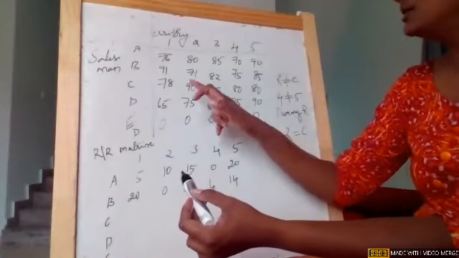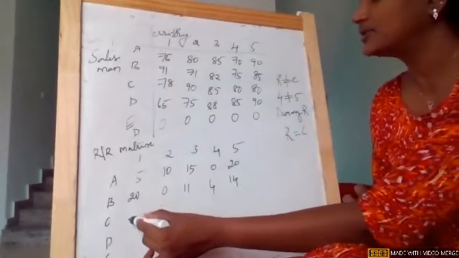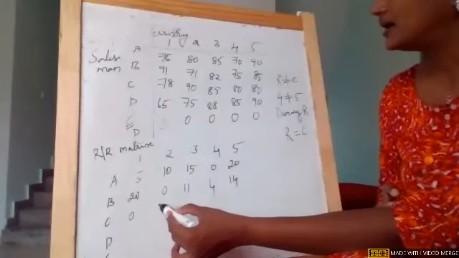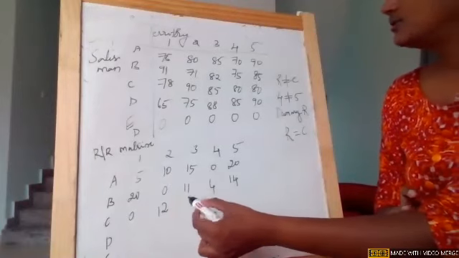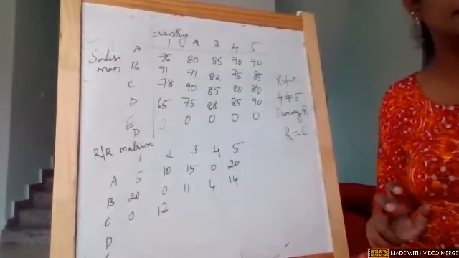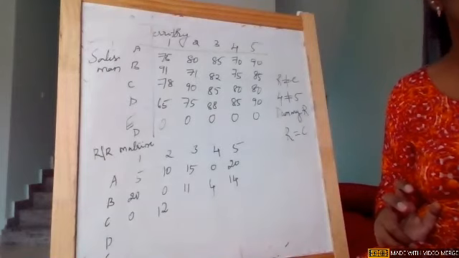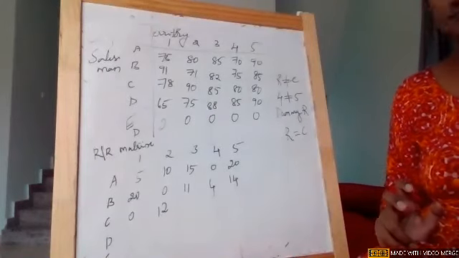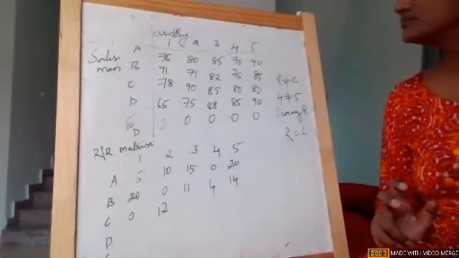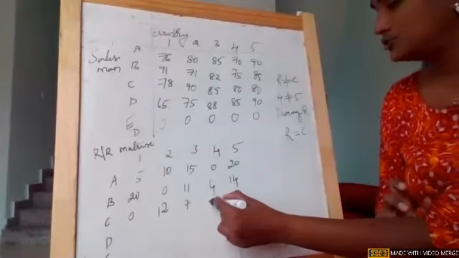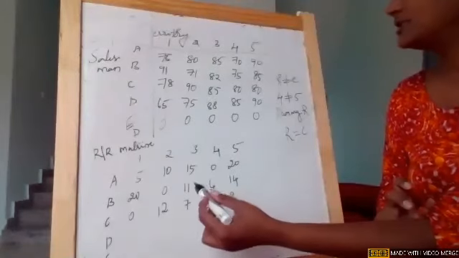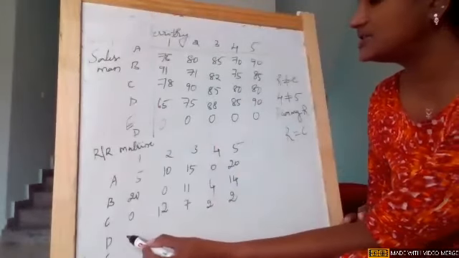Now my third row, 78 is the smallest value, so it is 0, 12, 7, 2 and 2. Now come to the next one. 65 is the smallest value.